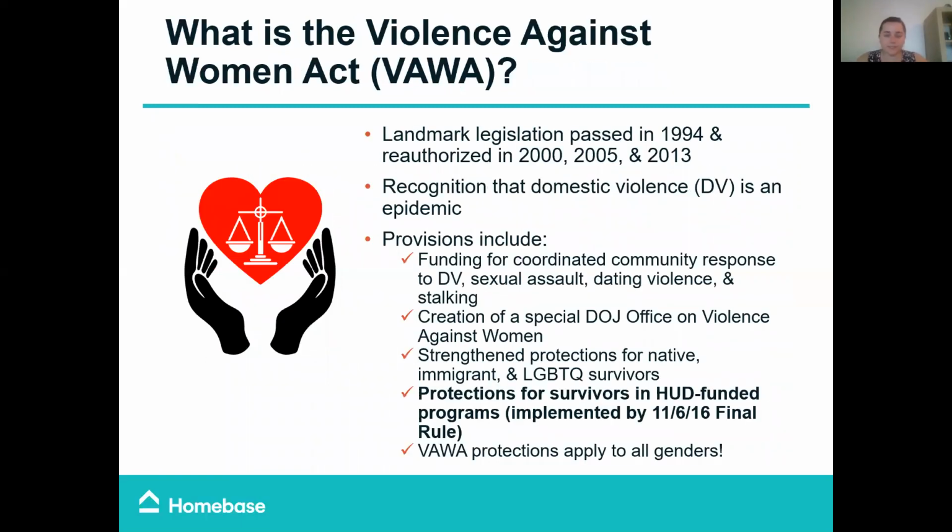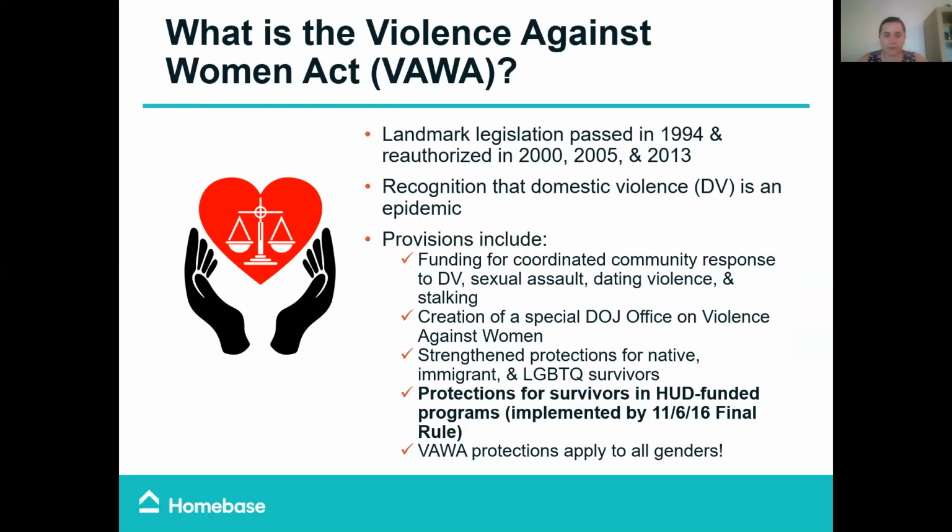The Violence Against Women Act, or VAWA, is a landmark legislation that recognizes domestic violence is an epidemic and provides a number of legal protections and resources for survivors of domestic violence. With each authorization, VAWA has grown stronger and more inclusive, and it includes protections for survivors in HUD-funded programs.